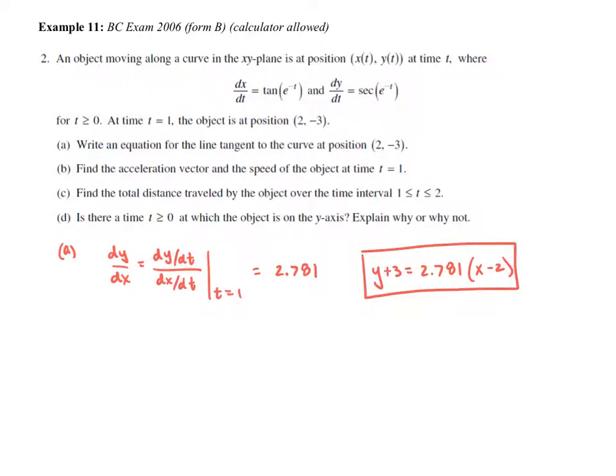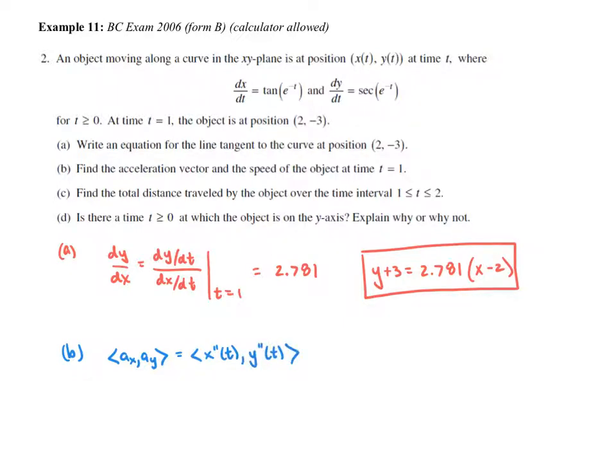For part B, we have the acceleration vector and the speed at time 1. The acceleration vector is a of x, a of y. Another way you could think about this is the second derivative of the x position and the second derivative of the y position.